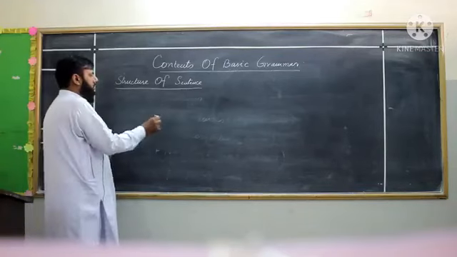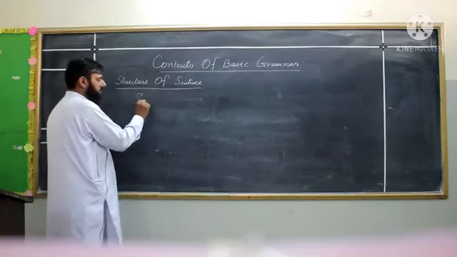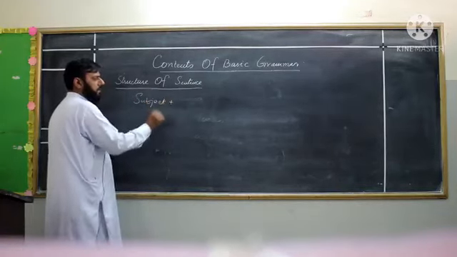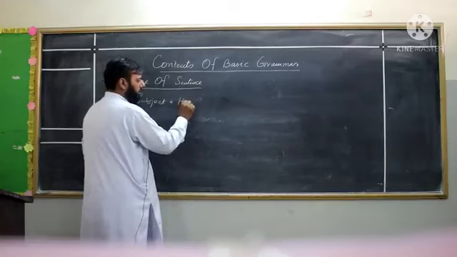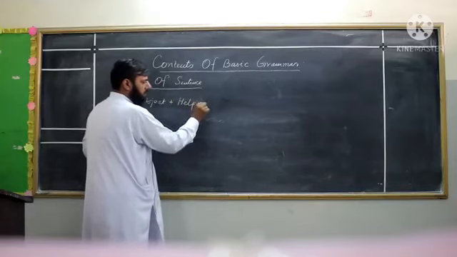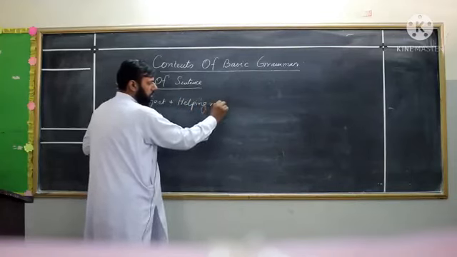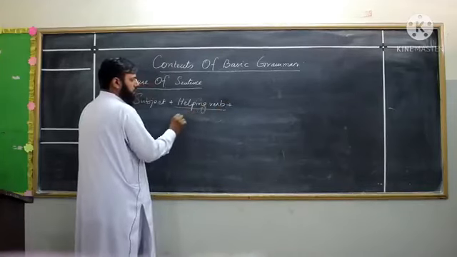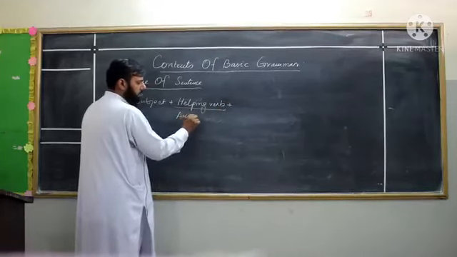If I'm talking about the structure of a sentence, I talk about the subject first of all. Subject, and then helping verb, that is the main point of the sentence. We can name another word, that is auxiliary verb.